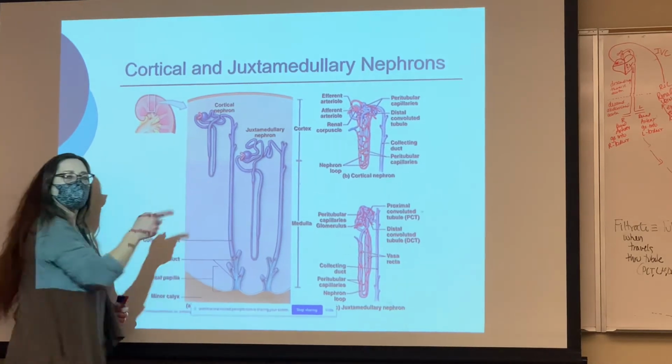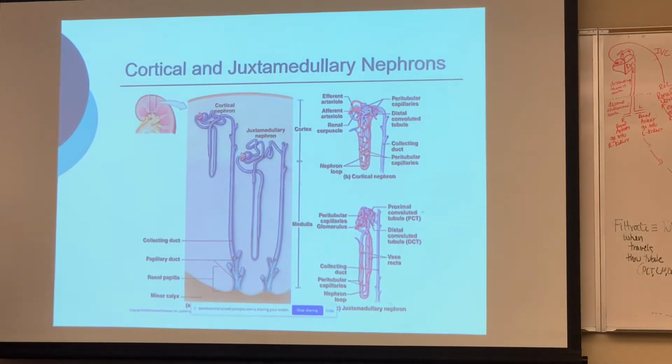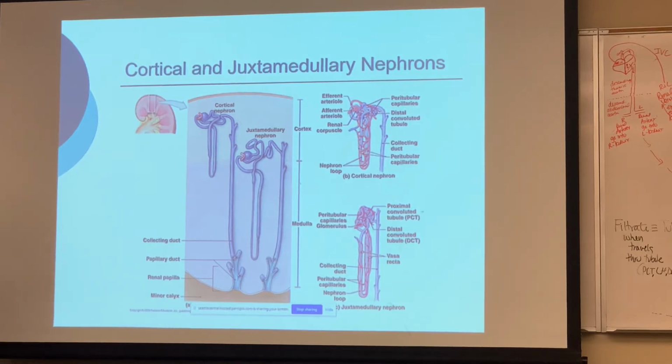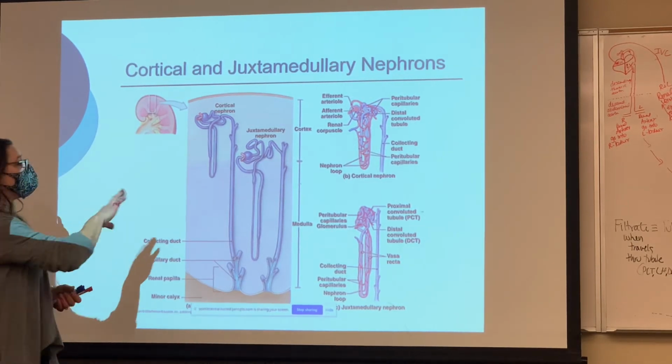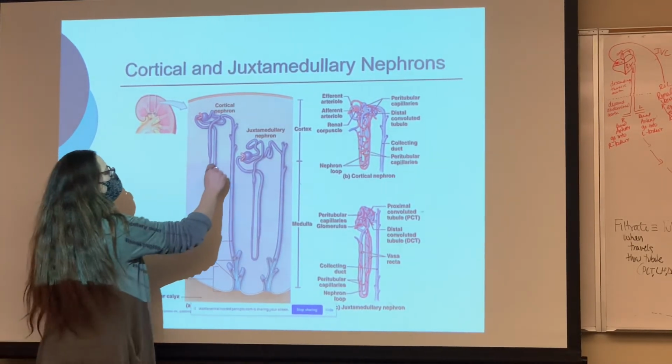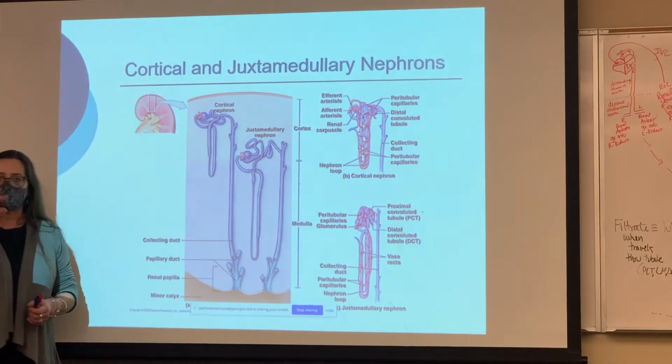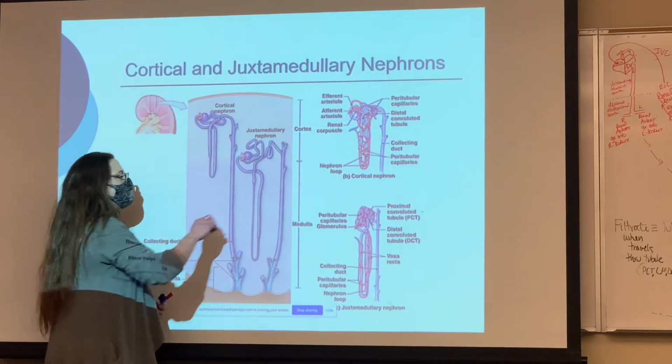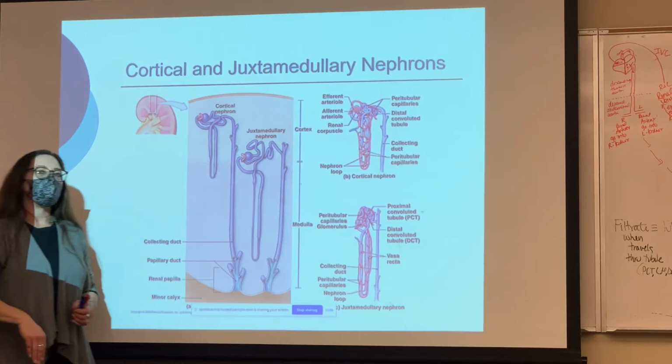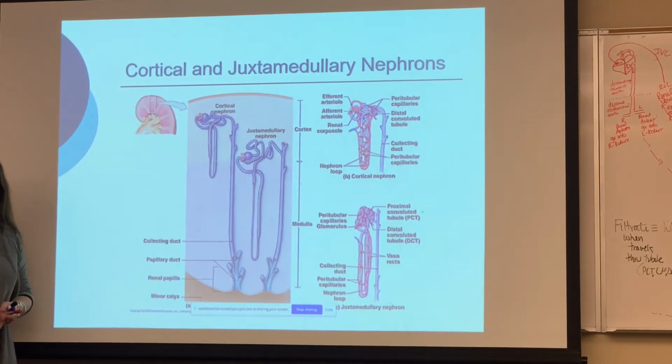That's the big difference between the two. Now, what is the functional significance of this? Structurally, that's how they're different. Corticals have a short loop of Henle dipping down into the renal pyramid a little bit. Juxtamedullaries have a longer loop of Henle that dips way down in the renal pyramid.